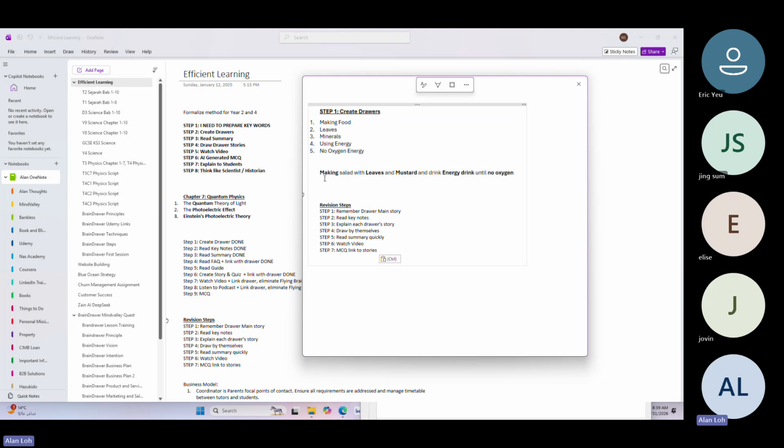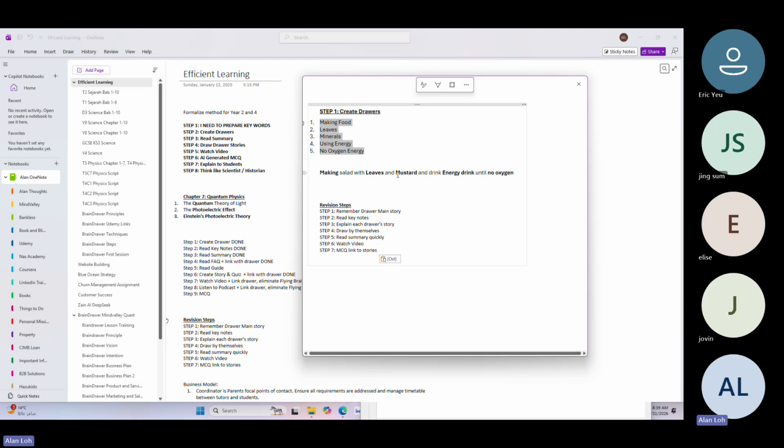Right. So this story is making a salad with leaf and mustard, and then drinking an energy drink, which is like Red Bull, until no oxygen. So this story will help us remember the drawers easier and in sequence. So making salad is making food because it's photosynthesis.